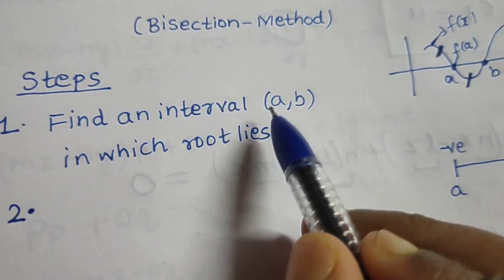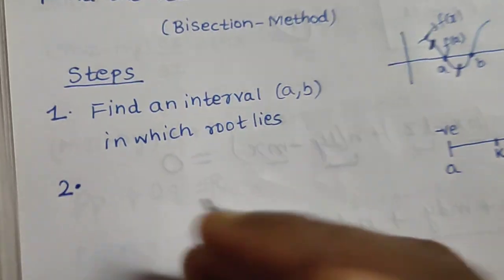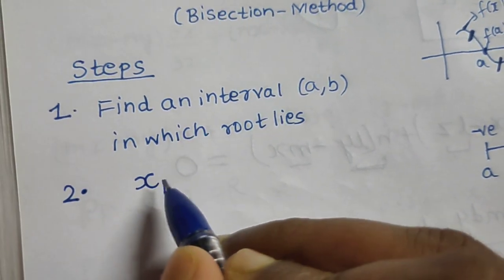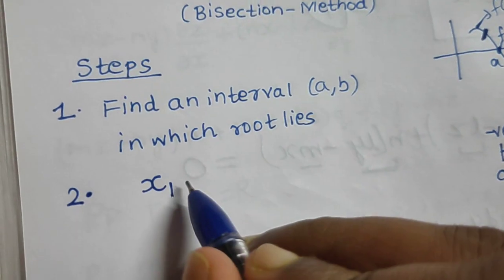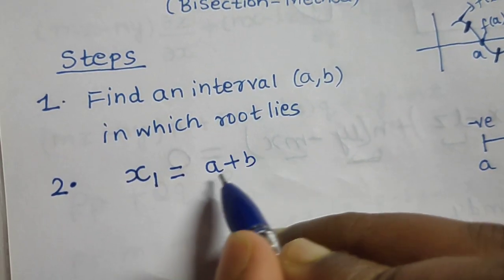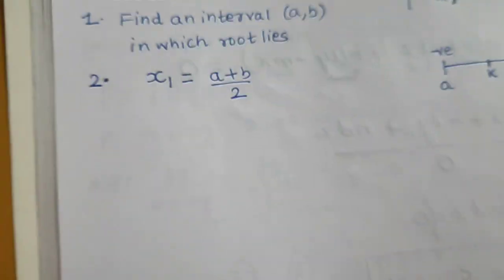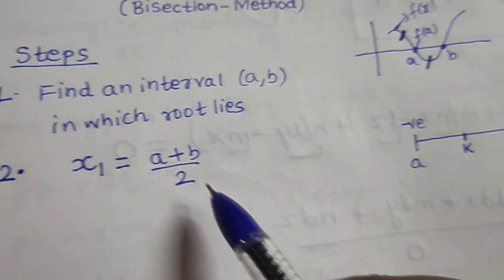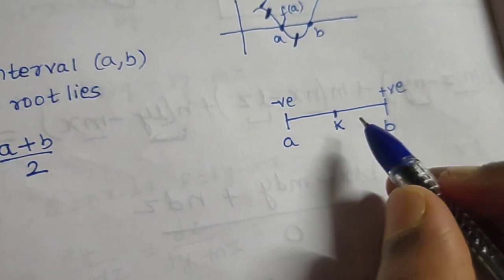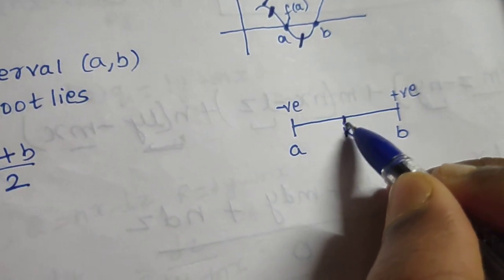When I get the interval, I start shrinking the interval by this x1. This is the first iteration. x1 is (a + b) divided by 2. When you do this, you reach some point in the middle, not exactly the root.